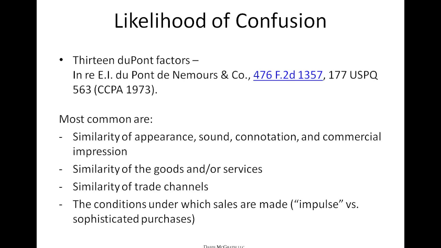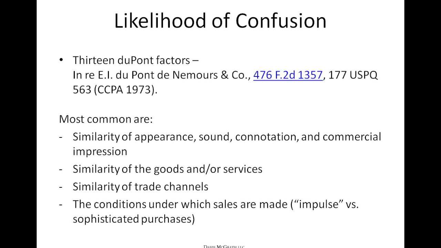There are 13 factors that courts and the Trademark Trial and Appeal Board use when deciding whether or not two marks are confusingly similar to one another, and the first four are the ones used most often. The first is the similarity of appearance, sound, connotation, and commercial impression of the marks, and this is where the marks are visually and audibly compared.